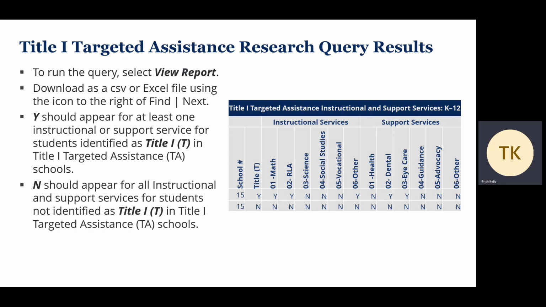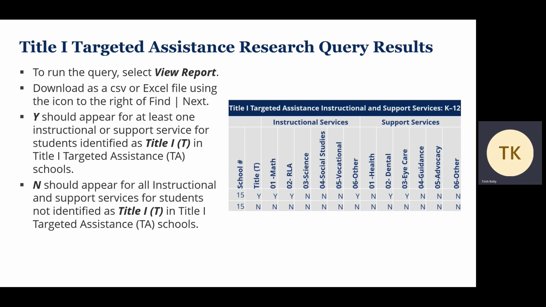So as an example, if we think back to that School B that we discussed earlier in the session, School B has a Title I targeted assistance program for K through 12 students. 300 students are enrolled in grades K through 12. 100 of them were identified as Title I, that is, students receiving Title I funded instructional or support services.